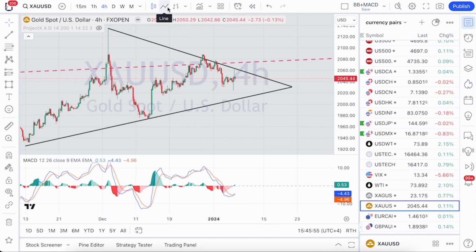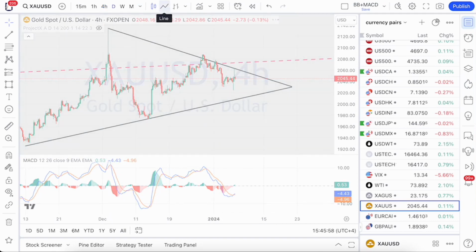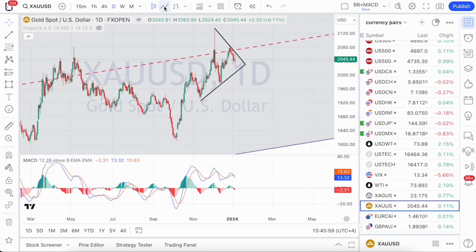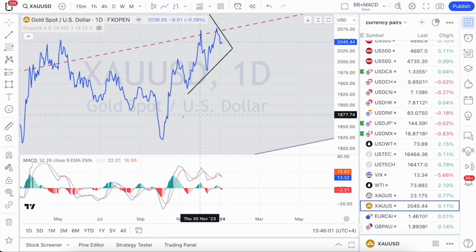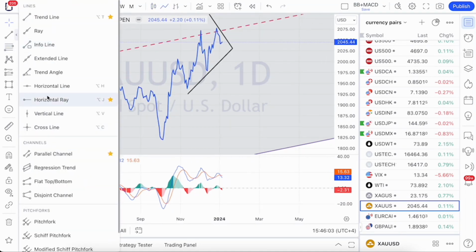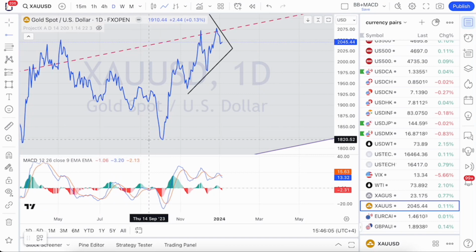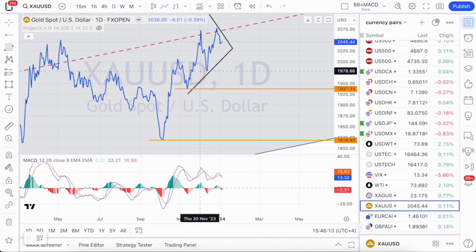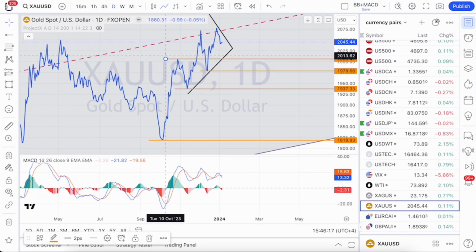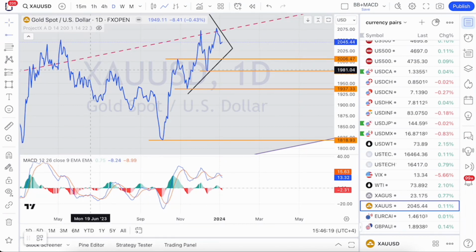And if you want, we can mark the support and resistance on the daily as well. Low, higher low, higher low, high, previous high.